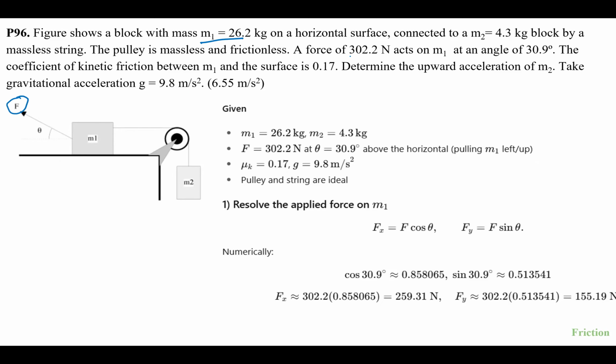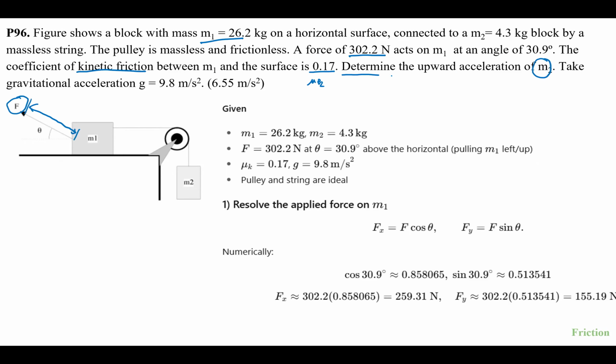A force of this magnitude acts on M1 at an angle of 30.9 degrees. The coefficient of kinetic friction between M1 and the surface is given by this mu k. Determine the upward acceleration of M2.